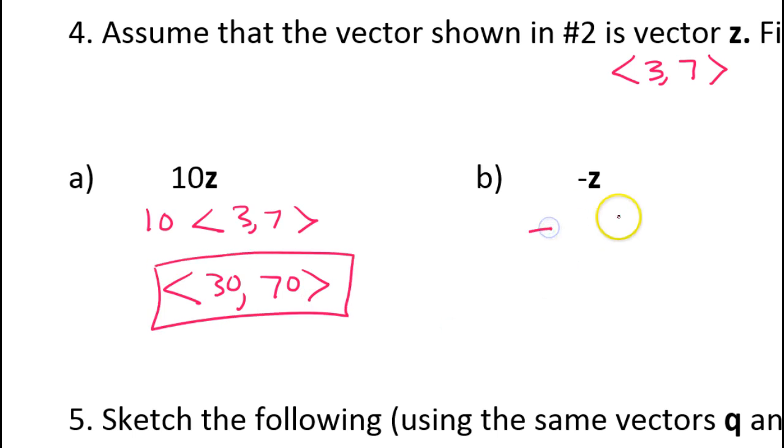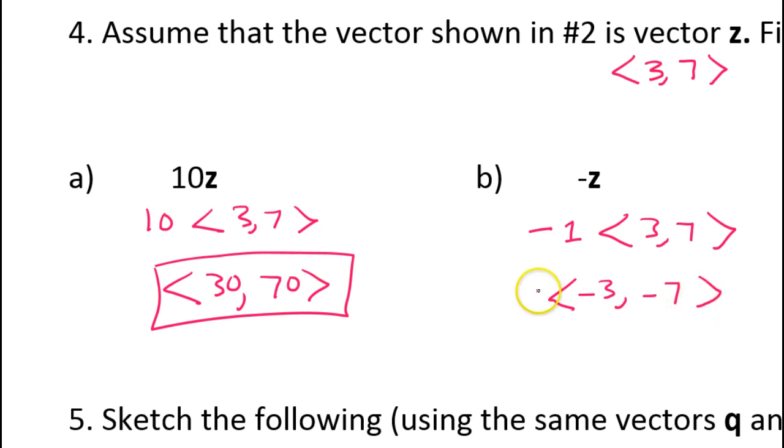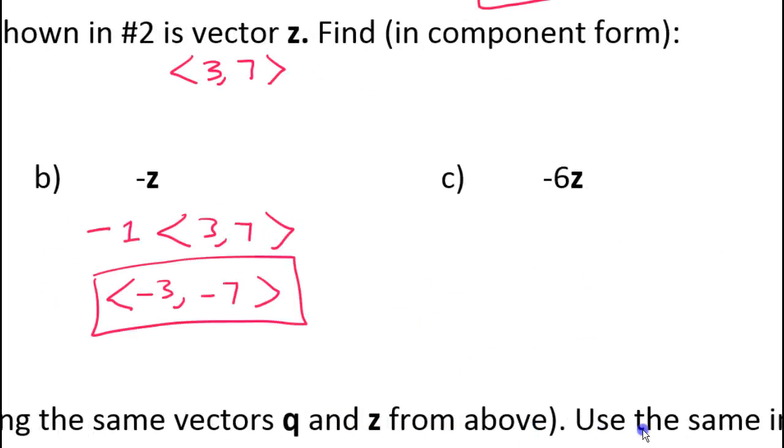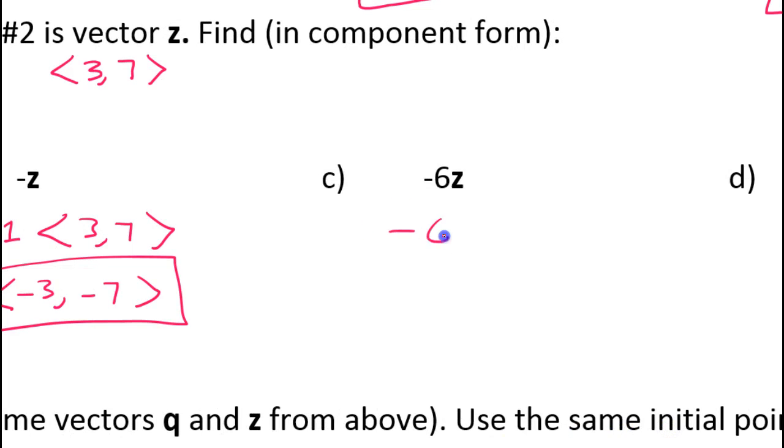Negative z will just be negative 1 times 3 comma 7. So that'll be negative 3 comma negative 7. And then we have negative 6 times vector 3 comma 7. So that will be negative 18 comma negative 42.